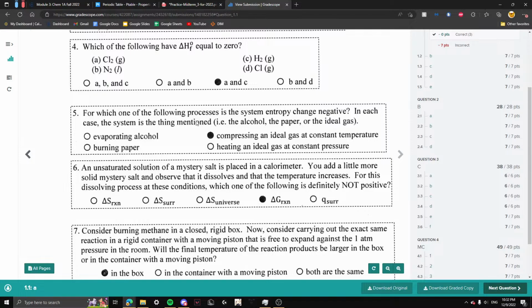If we're compressing a gas, we are decreasing the entropy, because conceptually, entropy is like randomness. And you can't really have a lot of randomness if the amount of space you have available goes down. While if you heat it, it just makes it go faster. It doesn't really do anything. So what we really care about is the change in volume rather than change in temperature. Or not change in temperature, constant pressure, sorry.